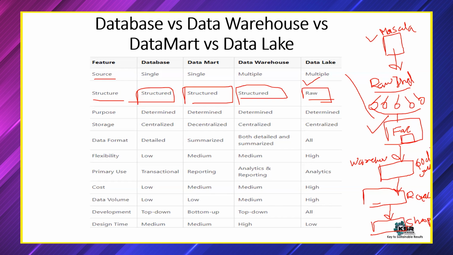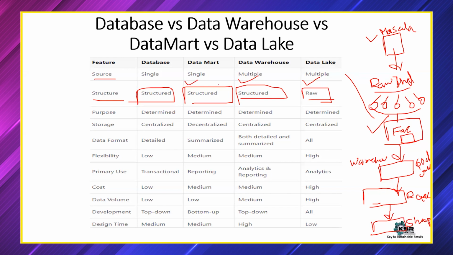There can be n number of factories. Maybe factory one is manufacturing masalas related to chaat, or veg masalas. Maybe non-veg masalas, which are used for non-veg food items, might be coming from a different factory. So for the data warehouse also, there can be multiple sources.